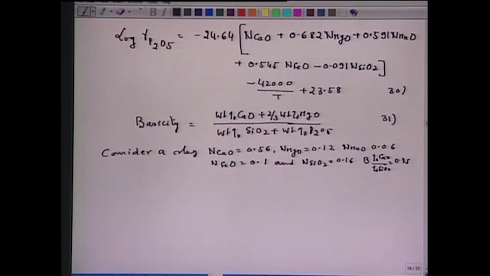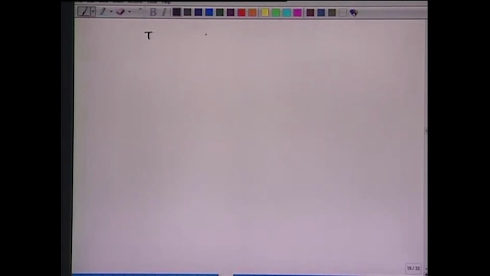Now, let us calculate gamma P2O5 at different temperatures. I take here temperature, log gamma P2O5, and I calculate here gamma P2O5.